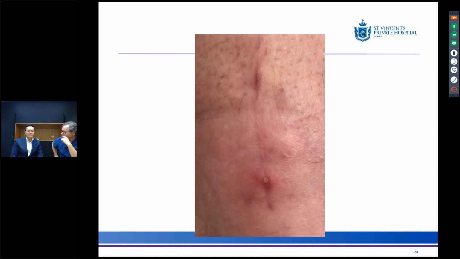Now, what is the concern, John, that this may not be a stitch abscess? It could be more than a stitch abscess. What would make you concerned? If it got worse, so it got bigger, started to discharge, and be continuous in its discharge, so that's going backwards, increasing pain, increasing erythema.